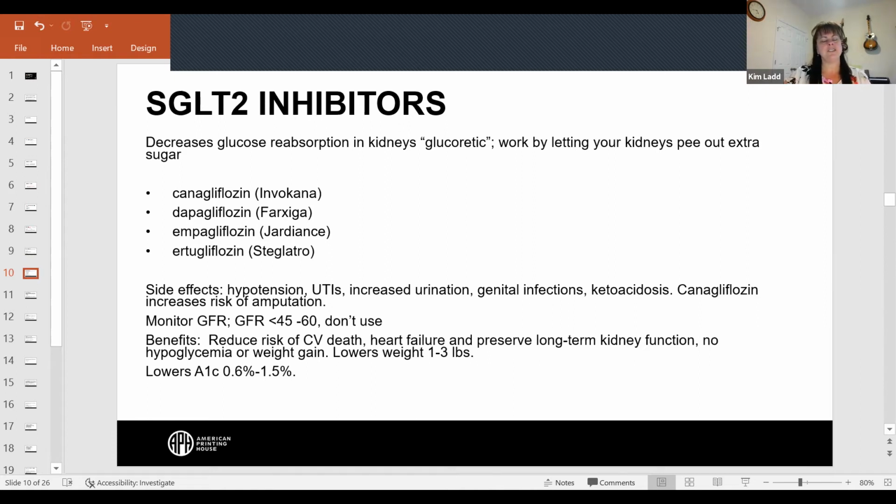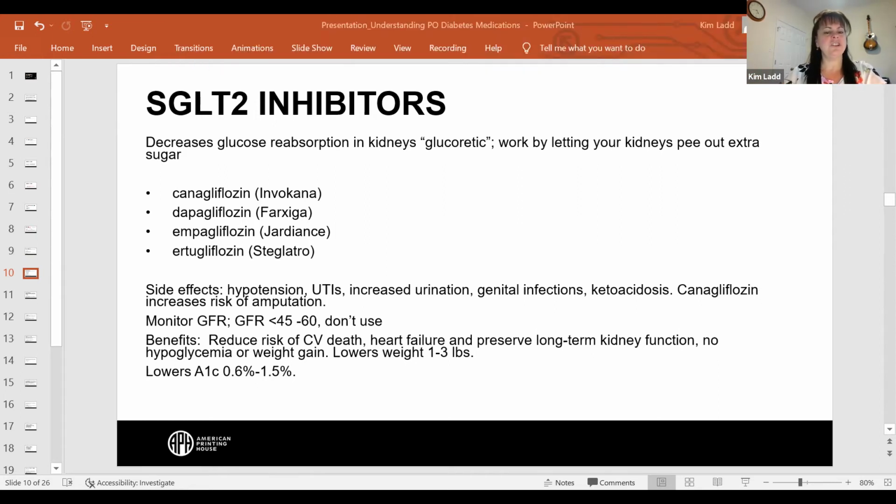My days tend to all go together, but these I believe were developed within the past 10 years. Maybe a little bit less, and they are SGLT2 inhibitors. These are also known as glucoretics because they decrease your sugar reabsorption in your kidneys.